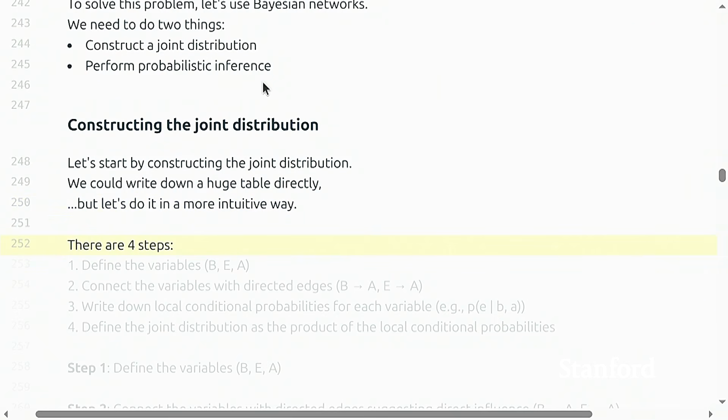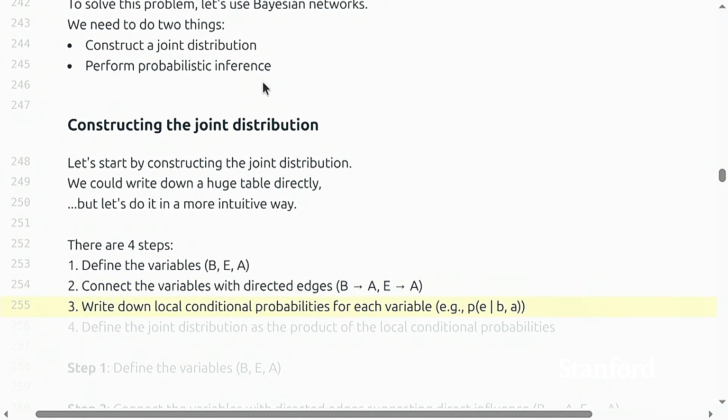First, I'm going to define the variables. Then I'm going to connect the variables with directed edges. Then I'm going to write down a local conditional probability for each variable. And then finally multiply everything together to get the joint distribution. So I'm going to do this in a more modular way, and go through the 4 steps. That's the roadmap here.